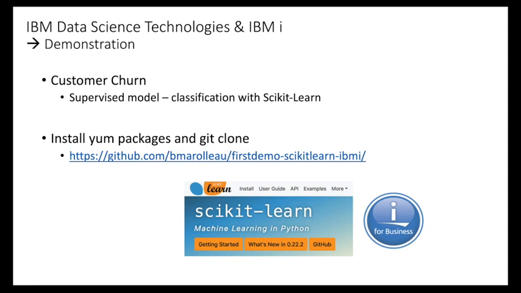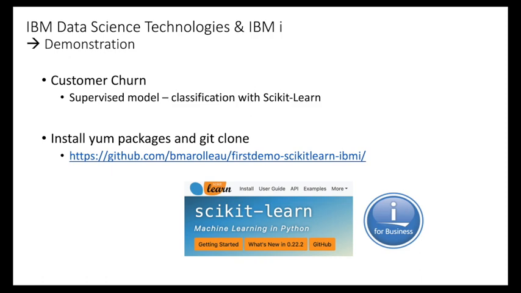So I know post-mortem which customer left or not, and based on each of their characteristics, I'm going to build a predictive model on IBM i, so I can predict with unseen data new customers or in the future, and I can score each of my customers based on their current characteristics.